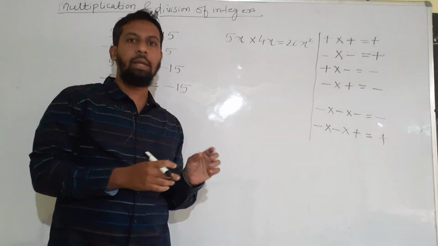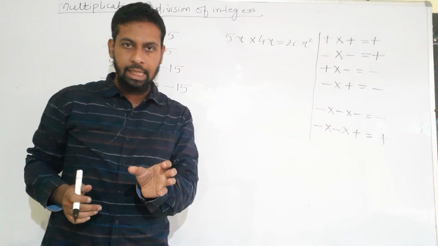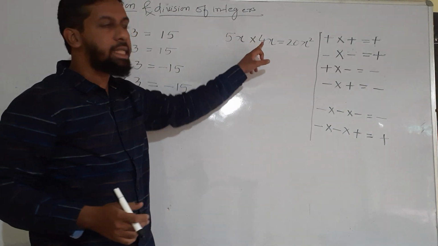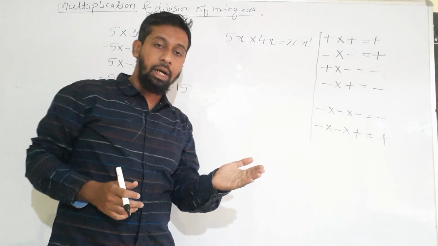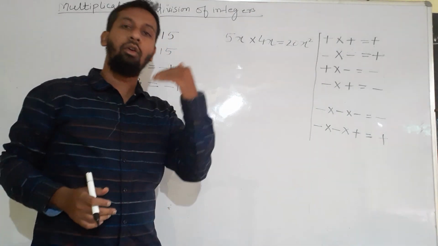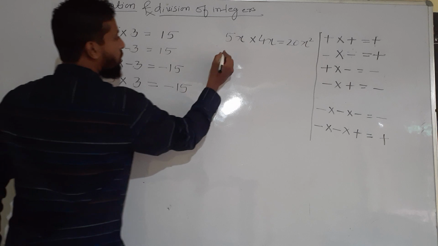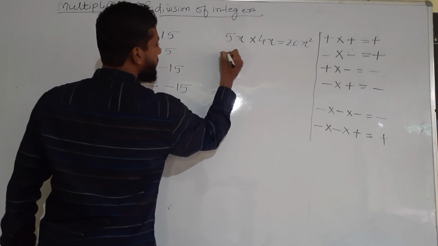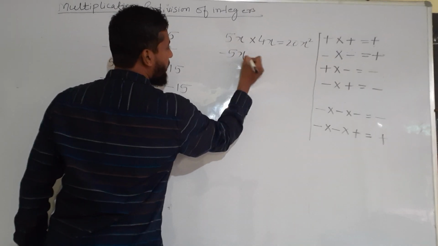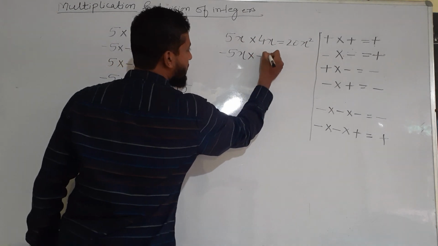When sign, number and variable are all there, first you have to multiply the sign, then multiply the number, then multiply the variables. As we have done here: plus into plus is plus, 5 4s are 20, x into x is x square. Suppose it is like this, minus 5x into minus 4x.